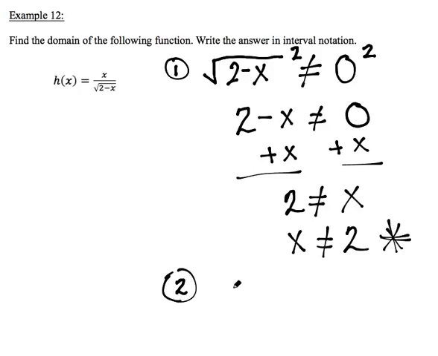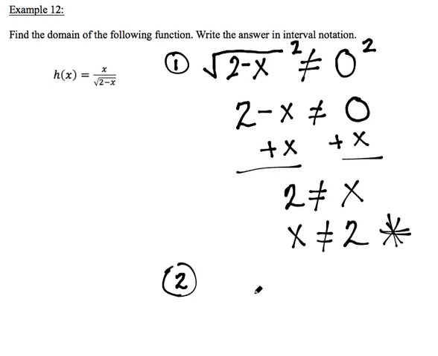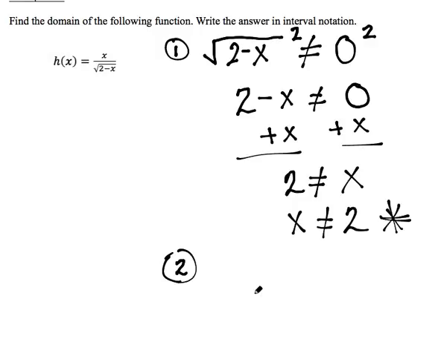Step 2 says if there's a radical in the problem, which there is, that the radicand cannot be less than 0. So we're going to write that as 2 minus x, because that's what the radicand is, has to be greater than or equal to 0. To solve that, I'm going to subtract 2 from both sides so you guys can see what's going on.